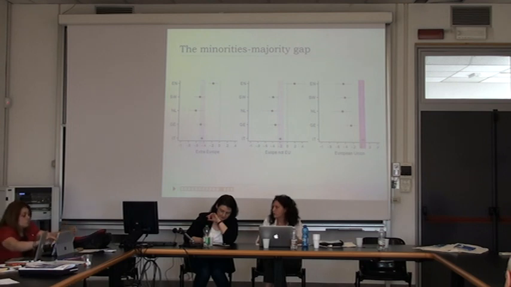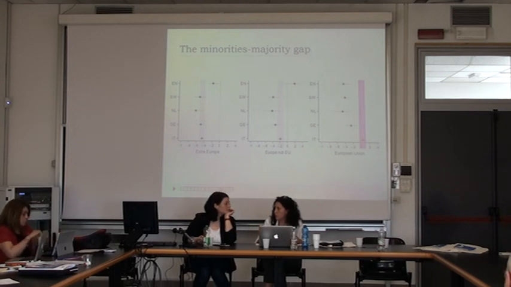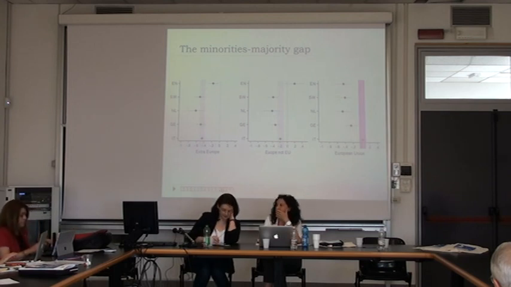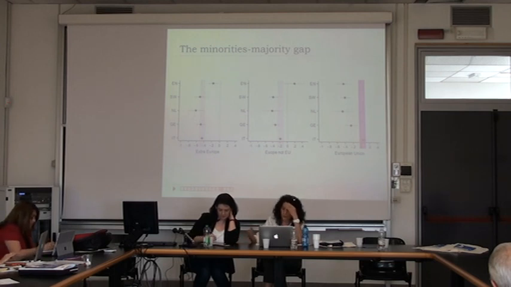And I really appreciate that you ran different models for the different countries, and I think that you could also try to run models considering the different time spent in the host country, in the receiving country, by the students.